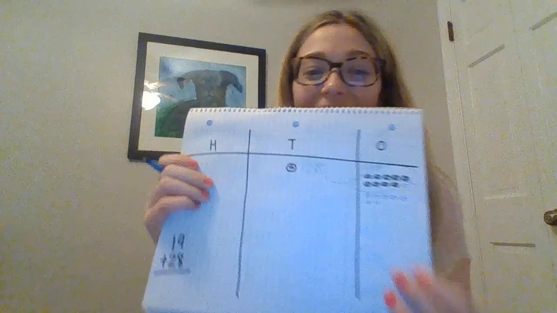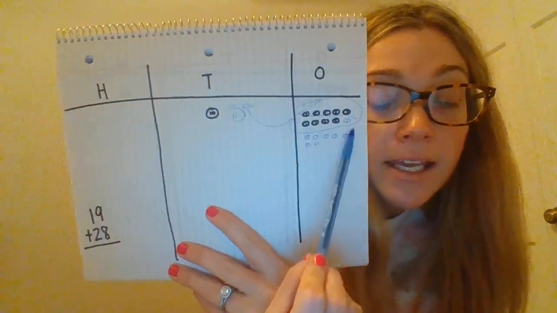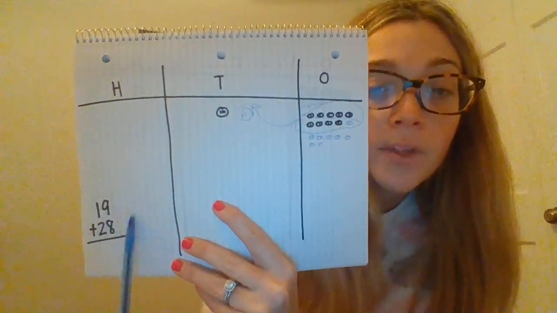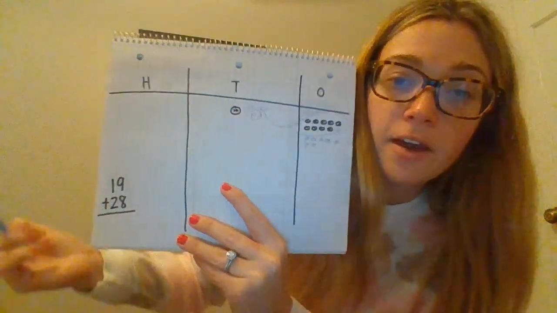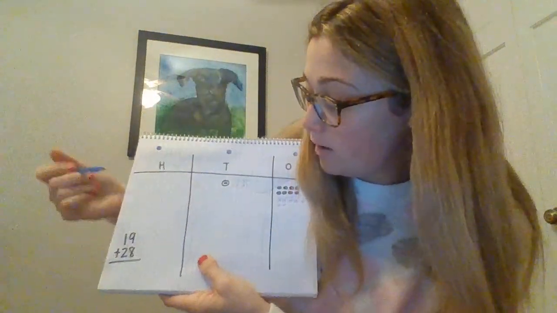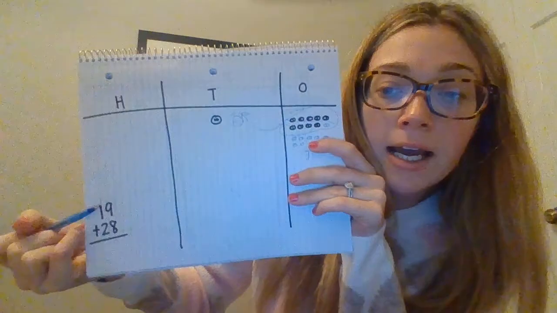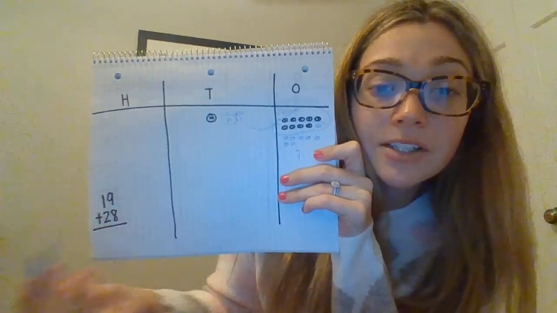There we go. So you can see that when I added my 8 ones to my 9 ones right here, I had to bundle and make a 10. So what I do on one side, I'm also going to do on the other. I can see right here that I have 7 ones left. And I know that 9 plus 8 is 17. So I'm going to add my 7. My 7 stays with my ones.